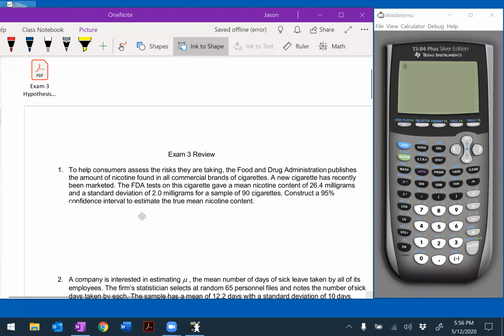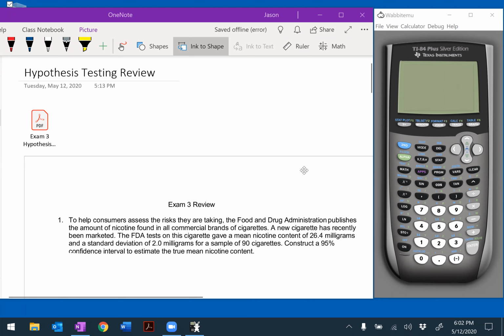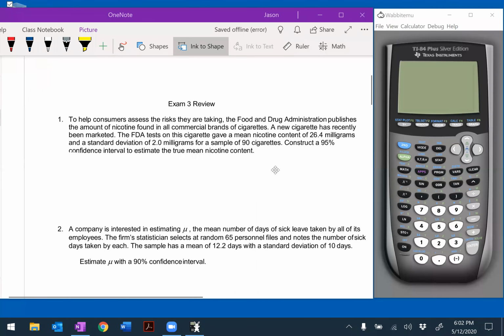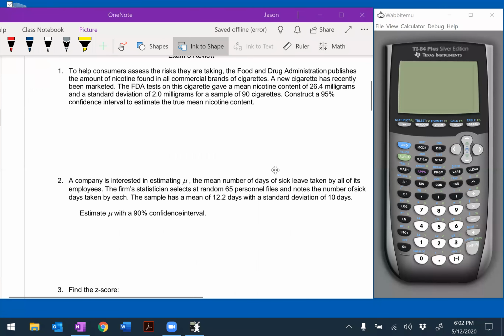I just want to make sure that we have the calculator stuff down in preparation for the exam. So this is hopefully a short 12 questions that we can go through. It's all calculator focused.